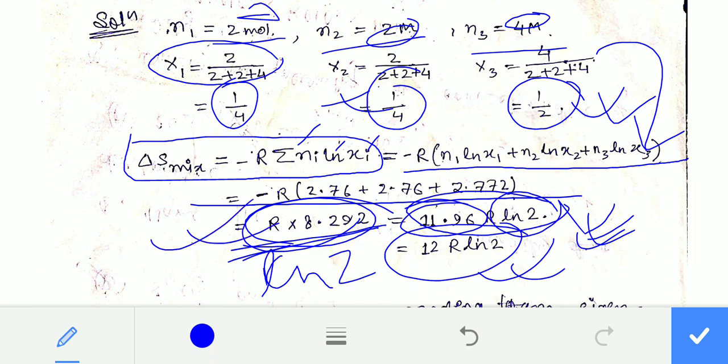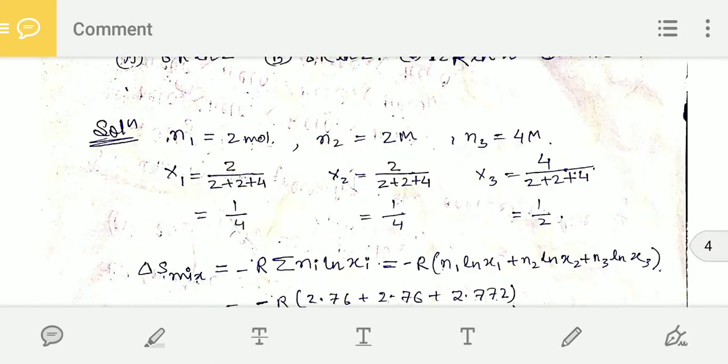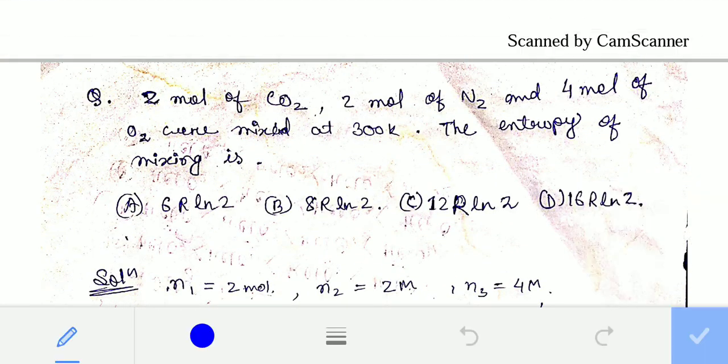So we can convert it to ln2 form by dividing 8.292 by ln2. Then we will get 12 R ln2 as the solution, right? So for this question, the right option is 12 R ln2, that is C.